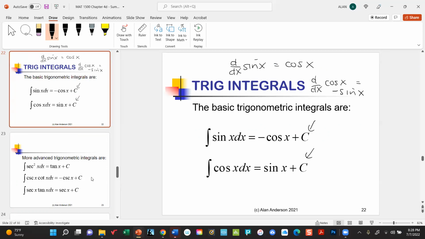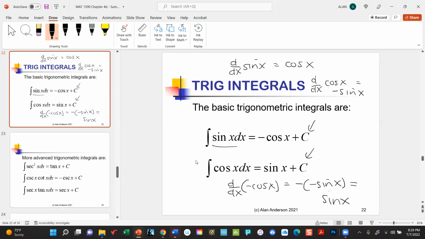And again, you can always confirm these by taking their derivatives and making sure that they match up with the starting function. Okay, so for example, let's do this first one, d/dx of negative cosine x. Now, since the derivative of cosine is negative sine x, here we have negative cosine x, and so we're all set.